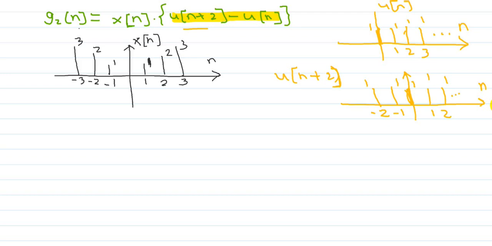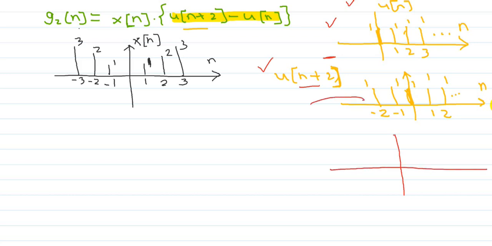Okay, now what we are interested in finding is u of n plus 2 minus u of n. Now this is your u of n, and this is your u of n plus 2. So we will perform this signal minus this signal. What we are going to get as the resultant signal is simple.